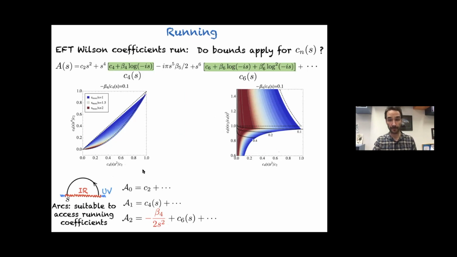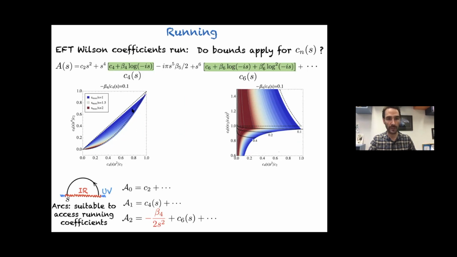Indeed, the real bounds, including loop effects, are illustrated by these color plots. The dashed lines report the tree-level naive bounds that we had before. So why different colors? Well, different colors basically capture how far away you can be from the cutoff of the theory.